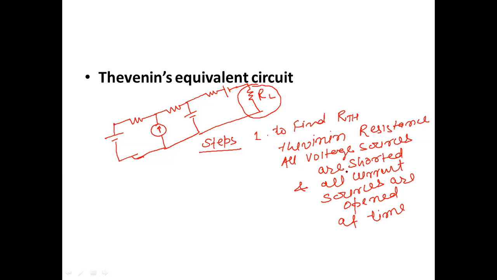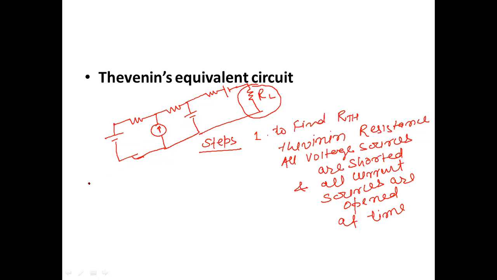In the case of superposition we do it one by one, but here we have to short all the voltage sources and open all the current sources at a time. Then we have to see the equivalent resistance at the open terminal.